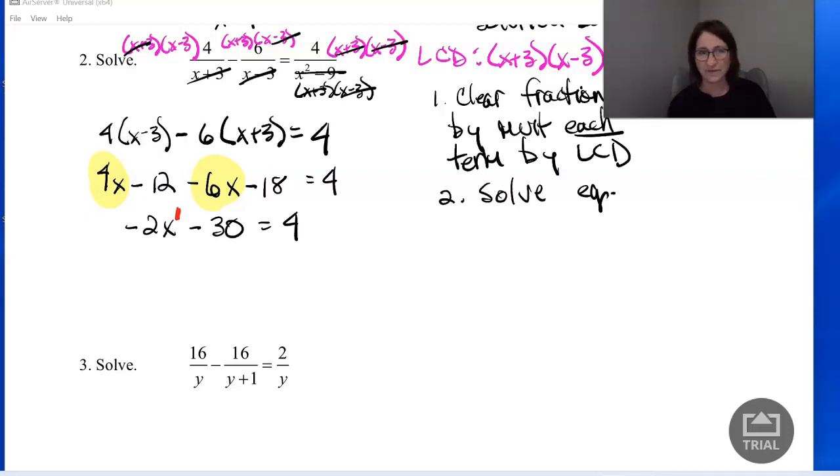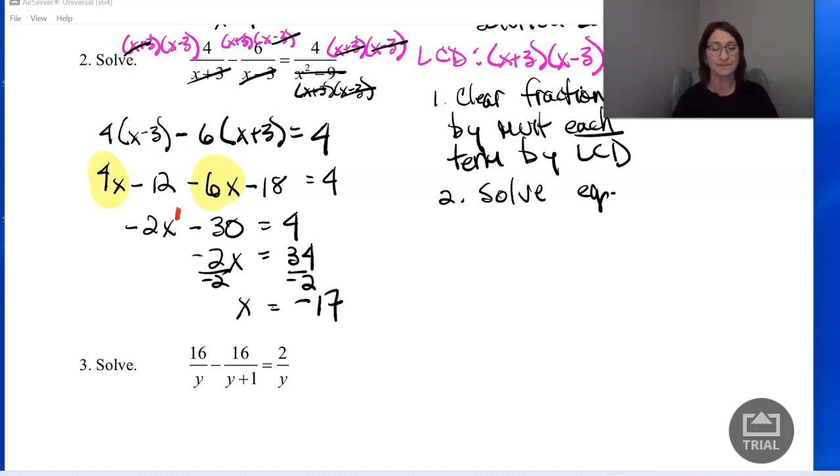There's no factoring involved. So I'm going to add 30 to both sides to get a negative 2x is equal to 34. I'm going to divide both sides by negative 2. And so x equals negative 17.